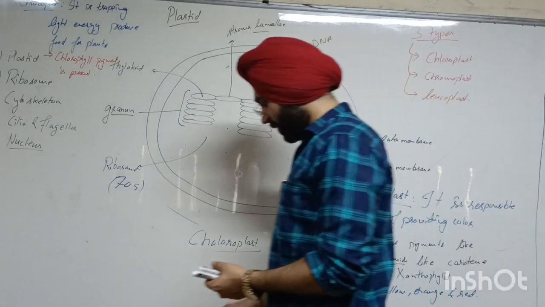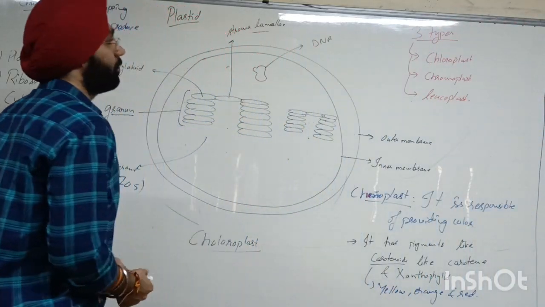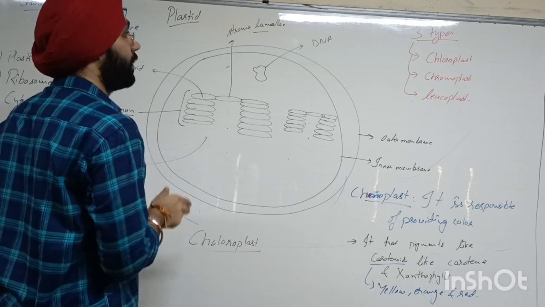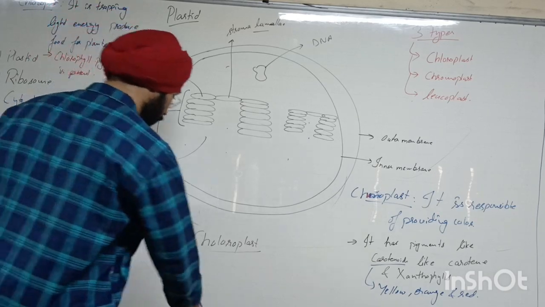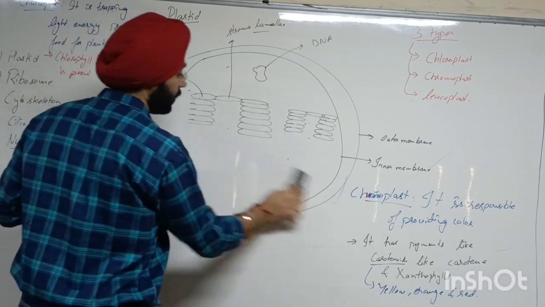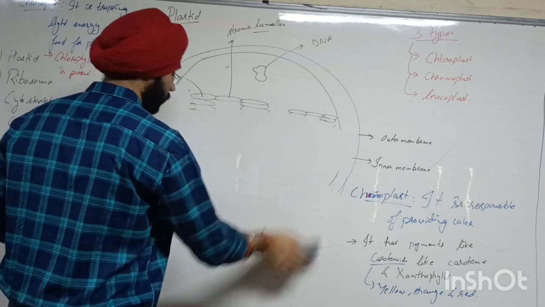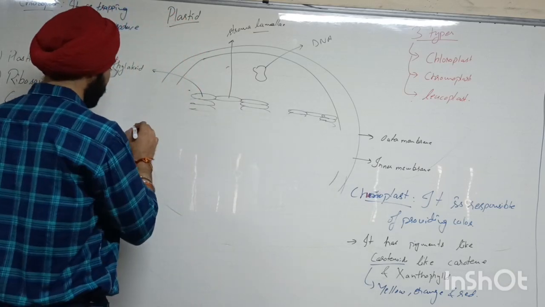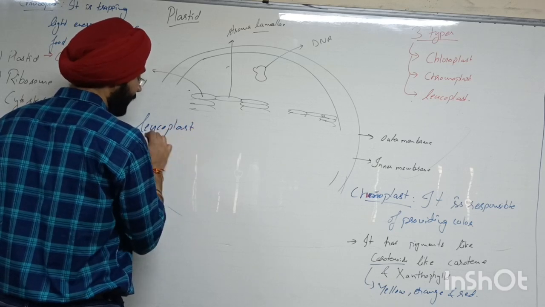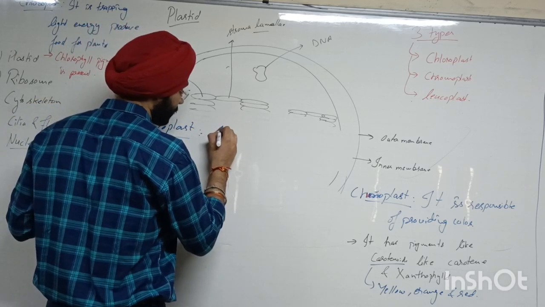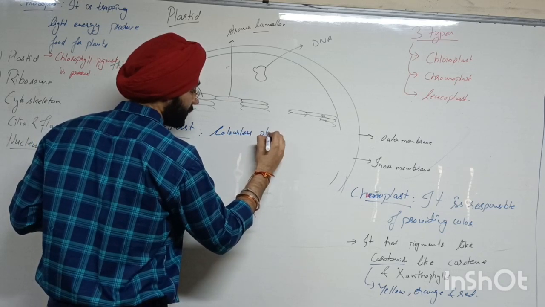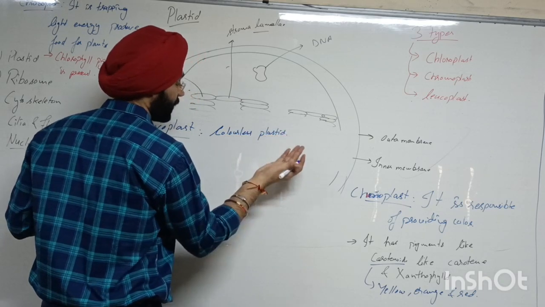The third and the last one is the leucoplast. I hope you understand the diagram. I need to rub it in order to explain you the leucoplast. So what does leucoplast help in? Basically it is a colorless plastid.